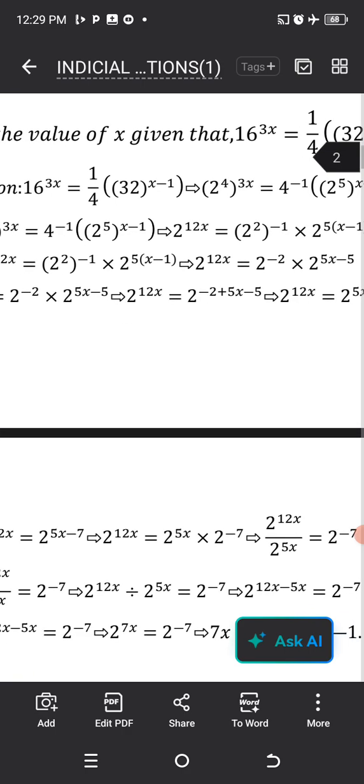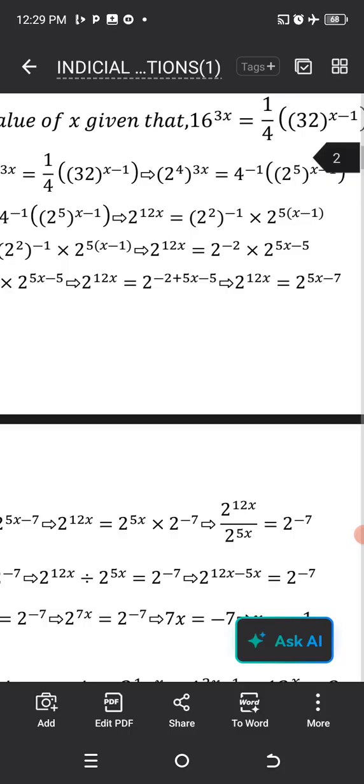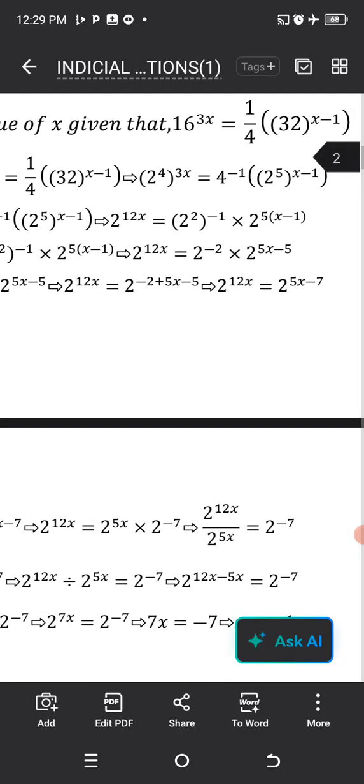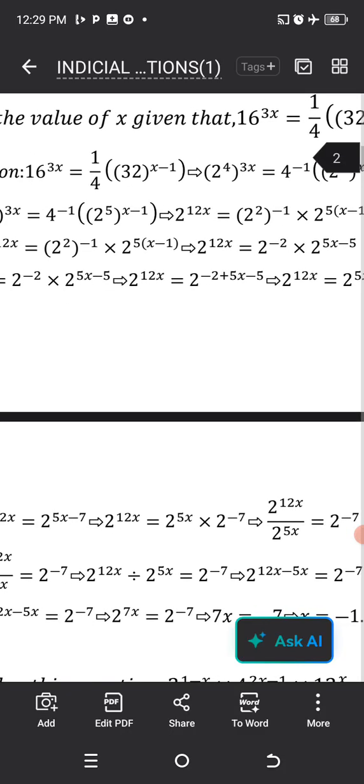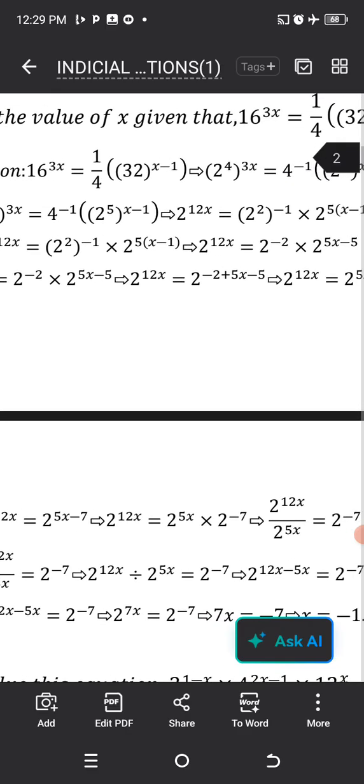So for us to have same base, you can still change that 4 into 2 squared. The next thing we apply here is called the different laws.